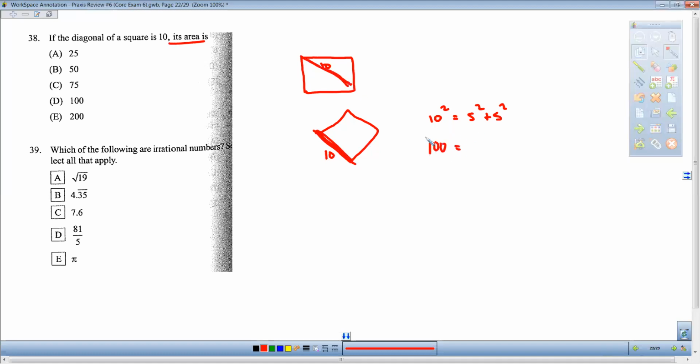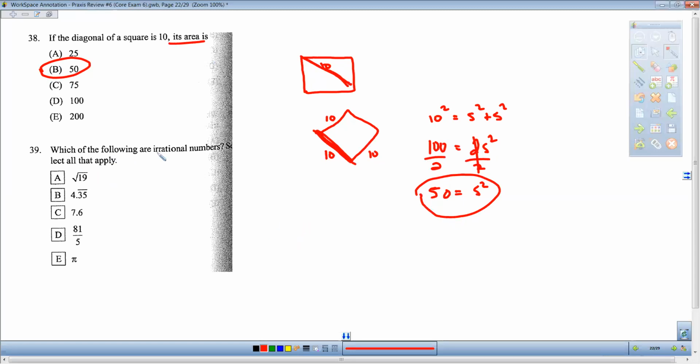I'm just using the Pythagorean theorem because it's asking what would be the area of this. So this would be 2s squared. So if I divide by 2, I'm going to get 50 is equal to s squared. So really, I'm just worried about what the s squared would be, and it would be 50.